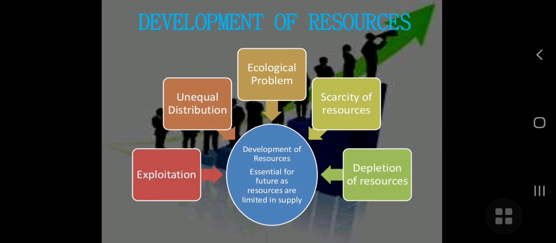And because of the unequal distribution of resources, because only a handful section of people enjoy access to the resources and a large section of people are still devoid of it, it leads to the exploitation of the larger sections of people by a handful number of rich people.